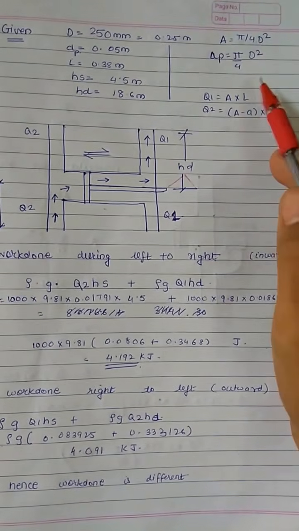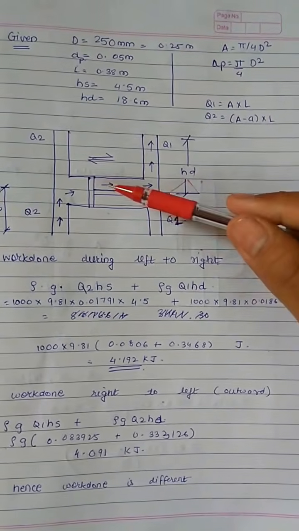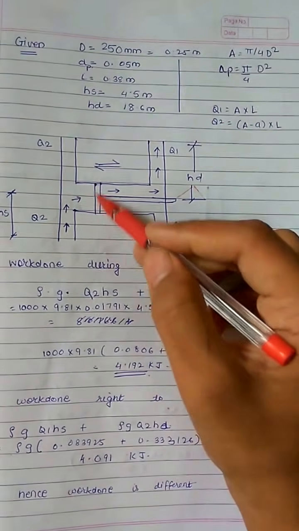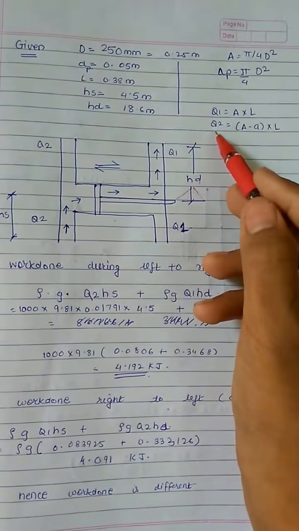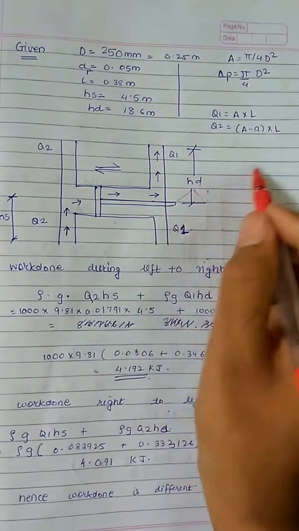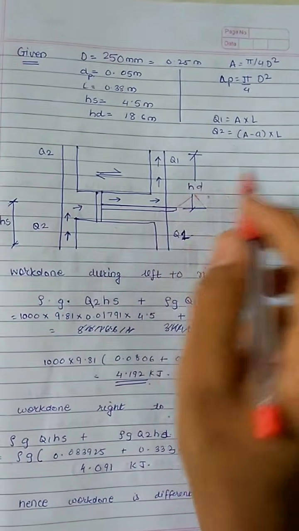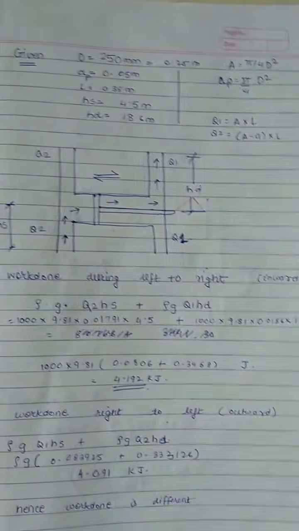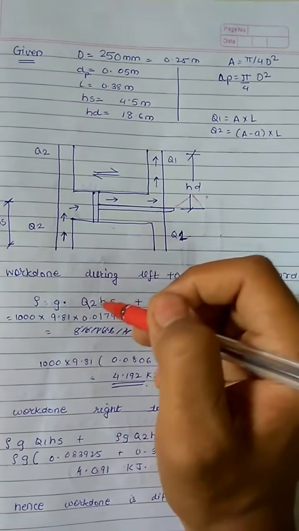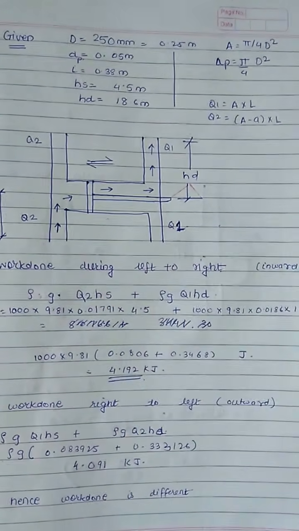So for this formula we have to find out Q1 and Q2. Let's consider Q1 will be without the rod and Q2 will be with the rod. So Q1 is A into L, that is area into length, which becomes volume, and Q2 is A minus small a, where A is the cylinder area and small a is the rod area, into L. Now the work done formula is rho G Q H. The density of water and the head as well as the discharge we get.